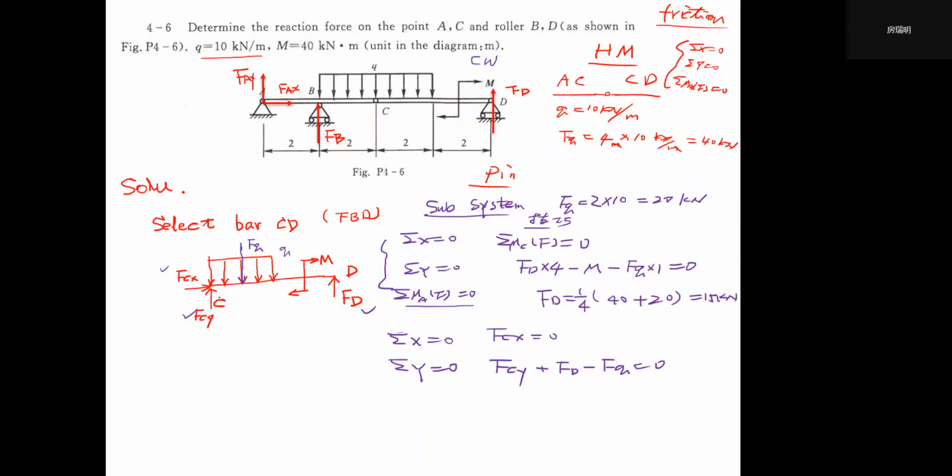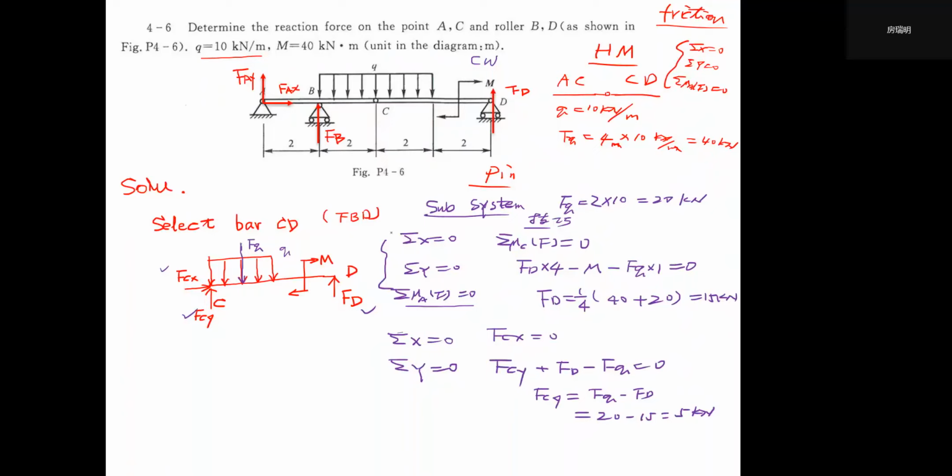So we can find FCY equals FQ minus FD, which is FQ 20 minus FD 15, so it will be 5 kilonewtons.